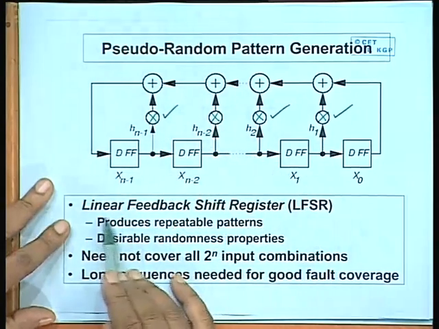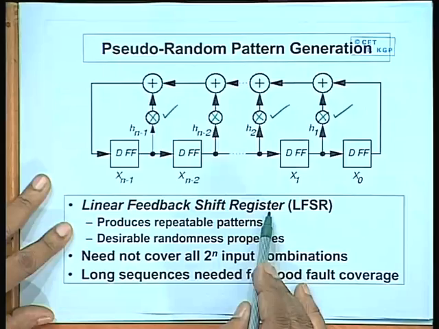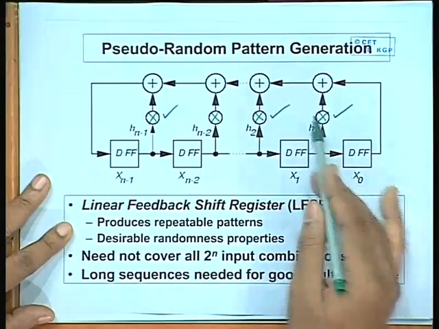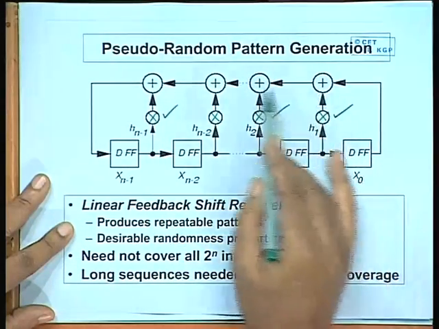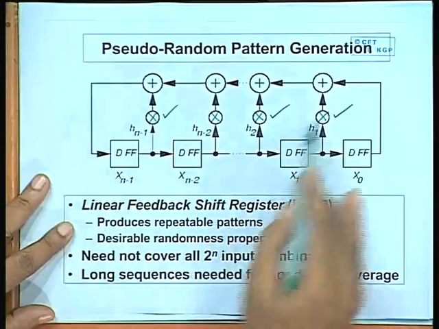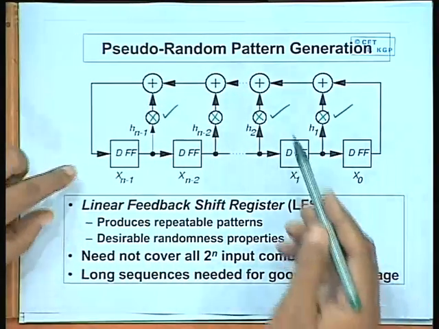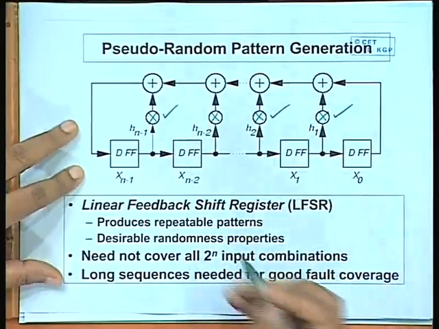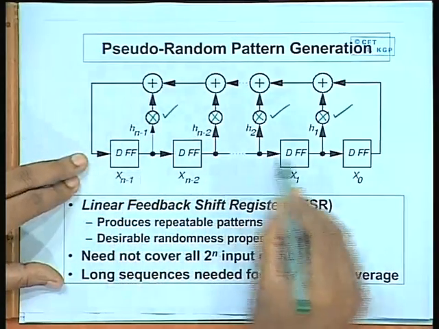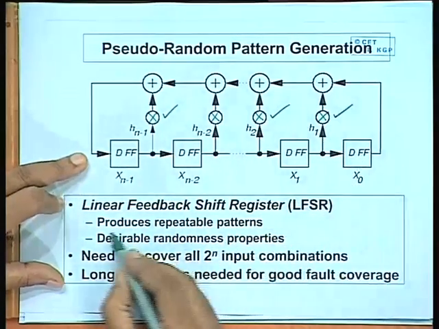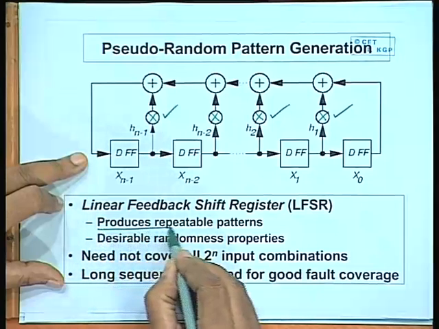This is what is called a linear feedback shift register. It is a shift register, there is a feedback network, and since exclusive OR is a linear function, we call it a linear feedback shift register. Since it is a well defined hardware structure, once you load it with an initial state, it will always produce repeatable patterns.